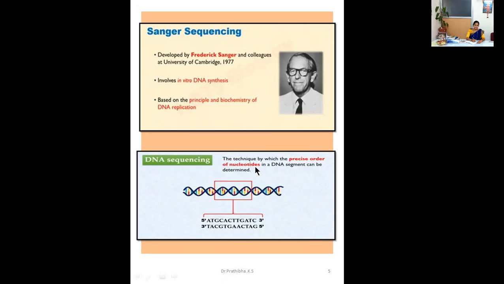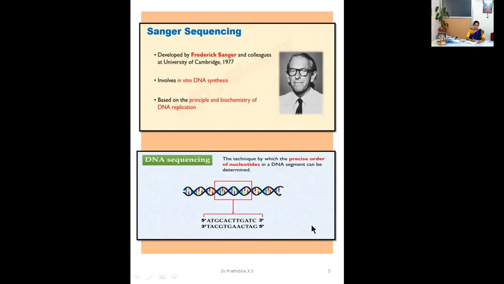Once we understand the arrangement of nitrogenous bases, you can think about what kind of mRNA this DNA will give. From the mRNA, we can think about the amino acid sequence, and from the amino acid sequence, the protein this gene is going to express.